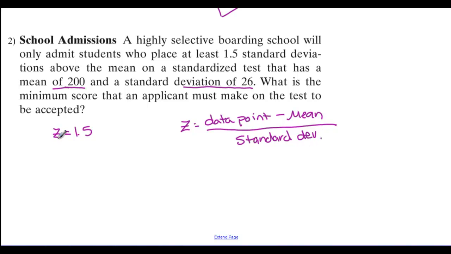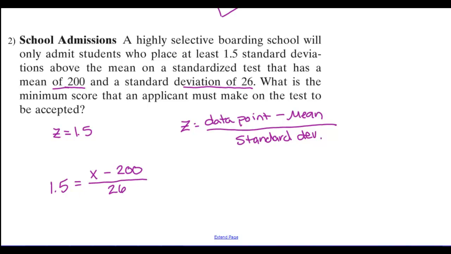So if we know that we have a z of 1.5, then we have 1.5 for our z-score equals the data point we're after. So that's going to be our x. We're going to subtract that 200 and then divide by the standard deviation of 26.